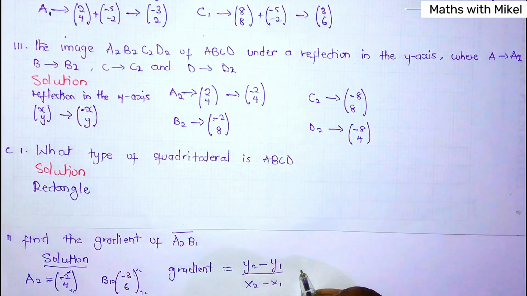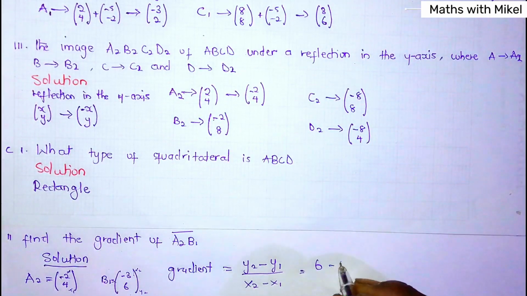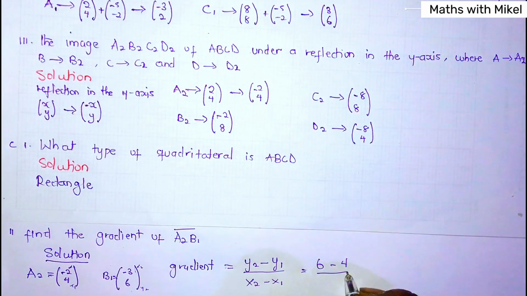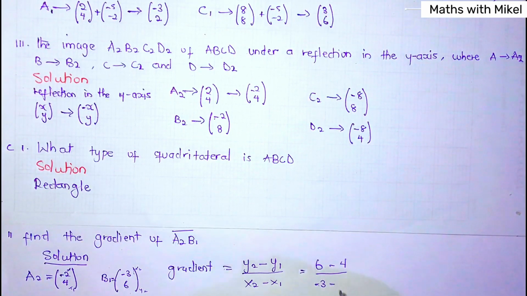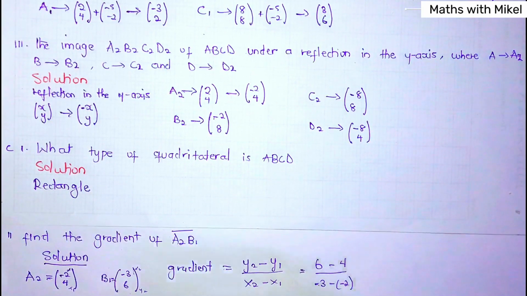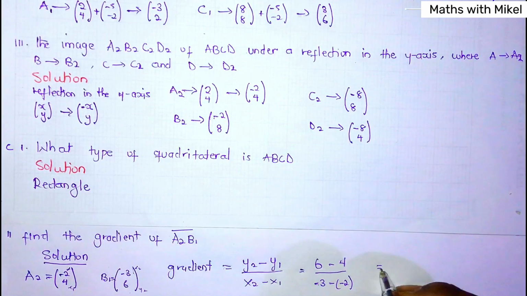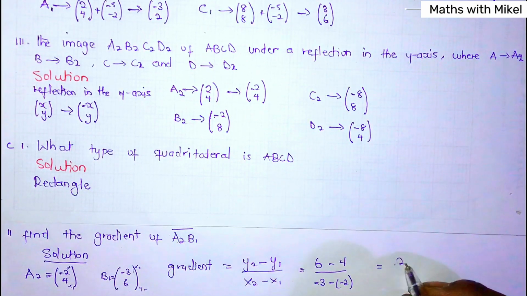So if I substitute, I'm going to get 6. So y2 minus y1, 6 minus 4, all over x2 is negative 3 minus x1. So x1 is negative 2. So this gives us 6 minus 4 here is 2.